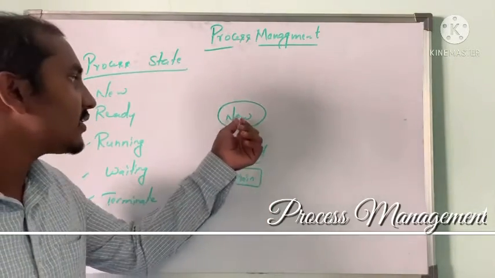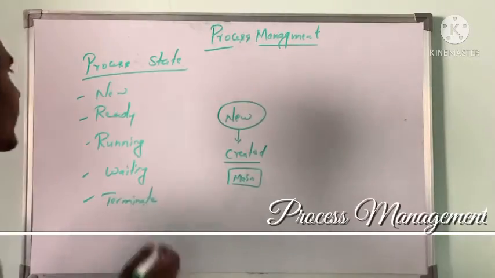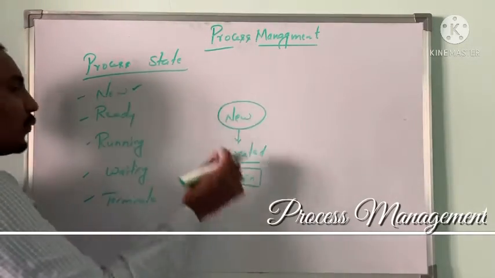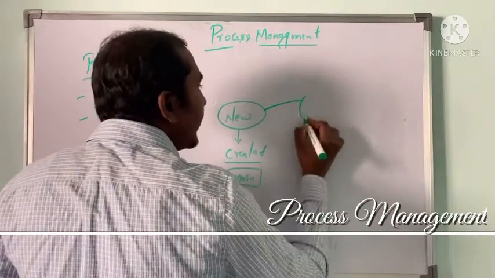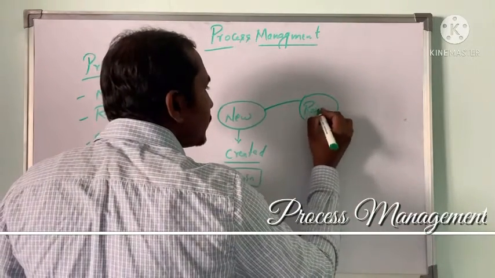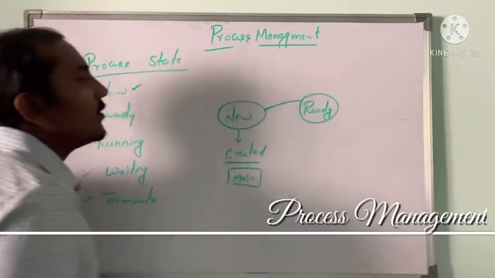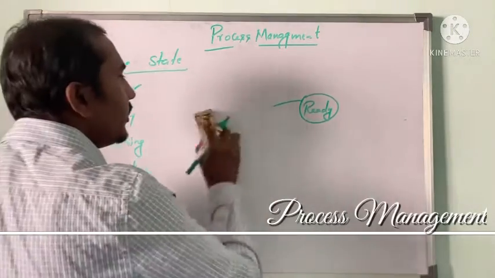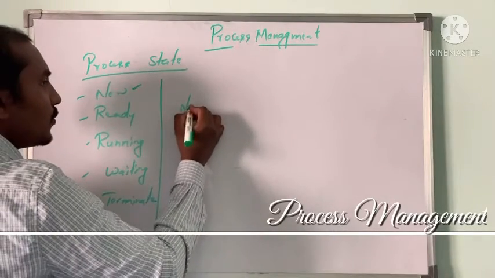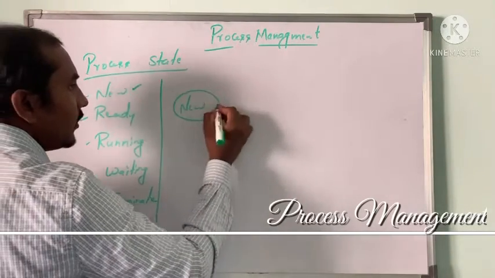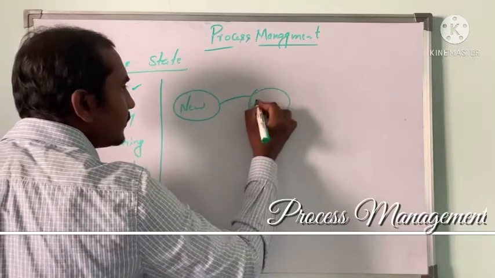Then it will be in the new state. So the state of the process is new when it is created. Next, it will go to the ready state. I will just write again here. We have first new, and then it will go to the ready state.